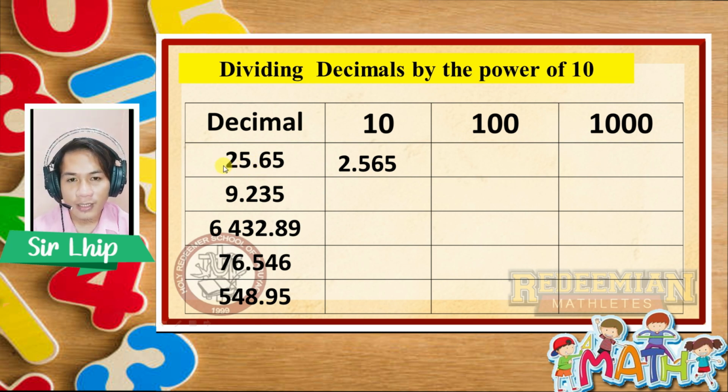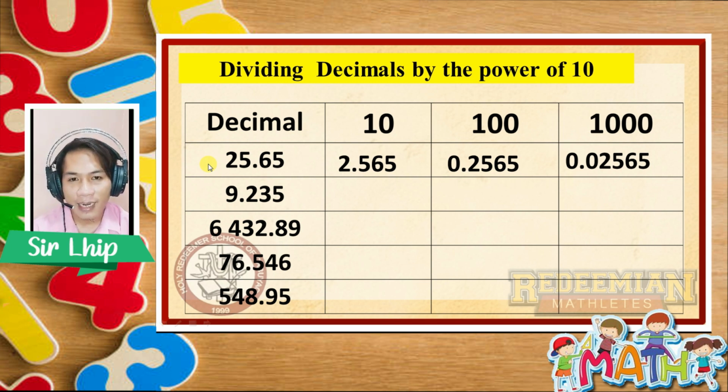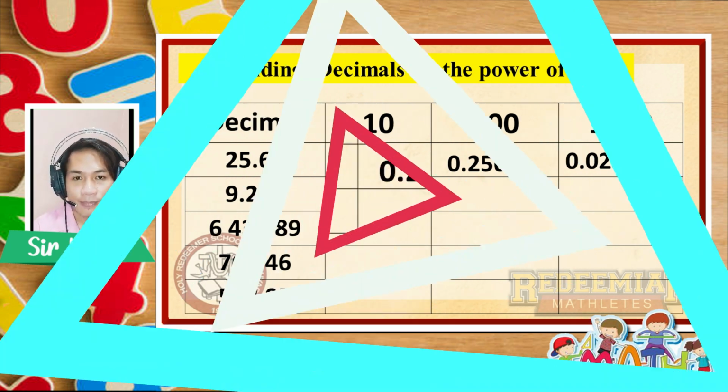The quotient is 2,565 10,000ths. Next, 25 and 65 hundredths divided by 1,000. Move 3 to the left, thus the quotient is 0.02565 or 2,565 hundred thousandths. Next, try to answer the following given.